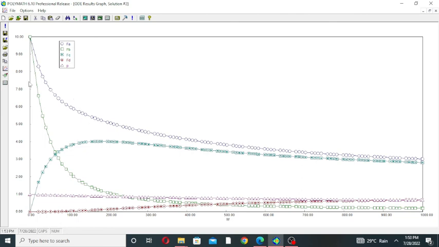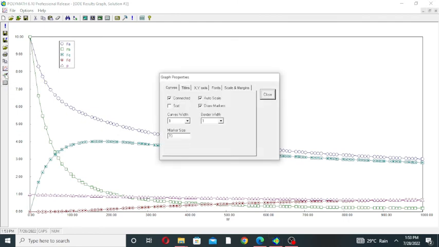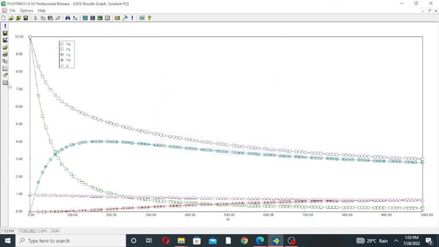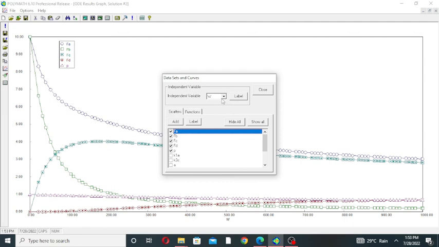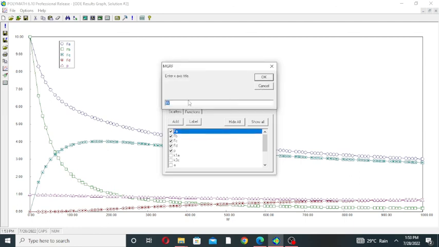Now this is the table, you can design, this is the draw marker. This is the weight of catalyst. I double click on it.